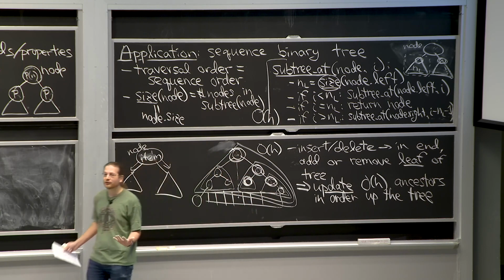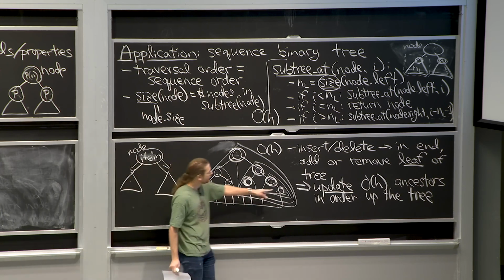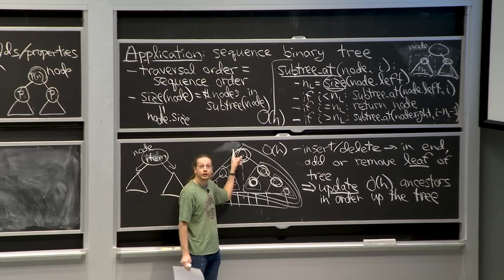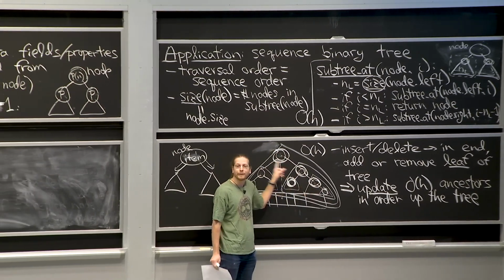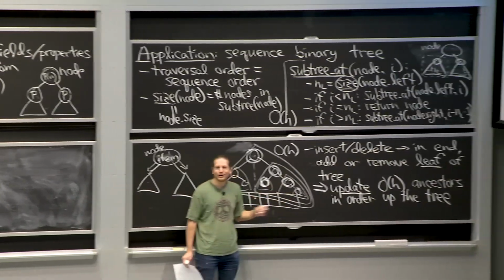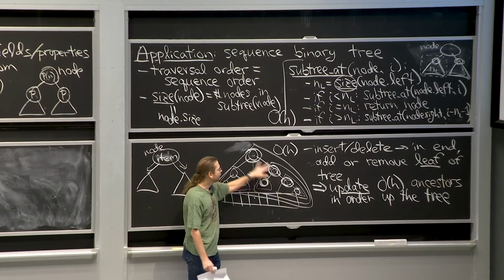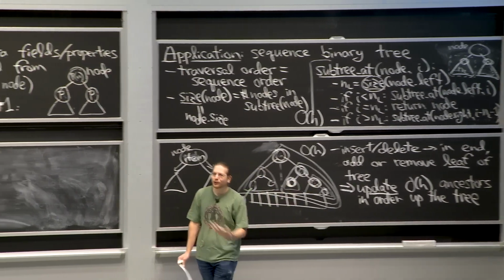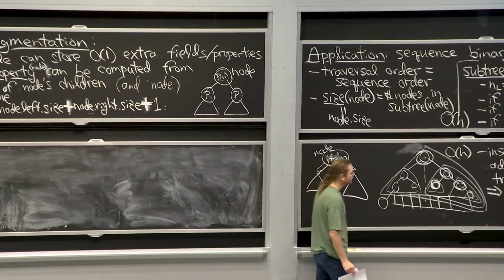But because height is a subtree property, the only nodes we need to check are the ones up this ancestor path. And there's only log n of them, because now height is log n. That's what we just proved, as long as we have this property. Right now we don't have it for maybe these few nodes, but it was log n before. It's at most 2 log n plus 1 right now, because we just added a node.